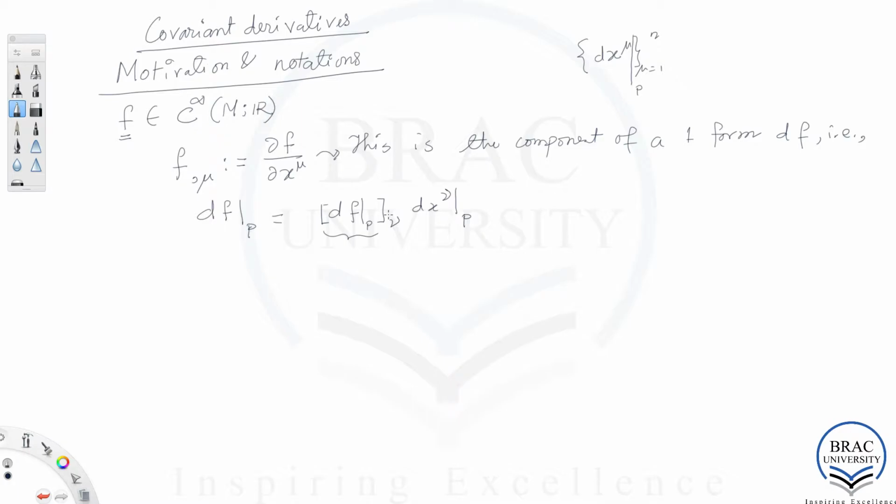and we have seen in an earlier lecture that this is nothing but the partial derivative of this function at the point P. And this is by the definition of the partial derivative of a function on a manifold in terms of a chart, given by this expression, where phi is the corresponding chart.